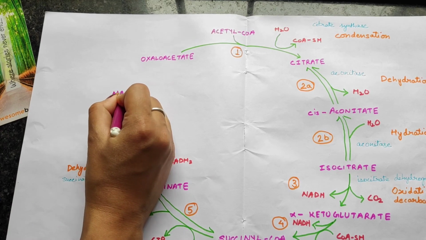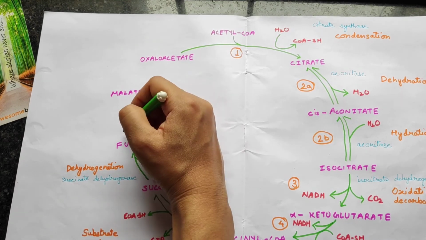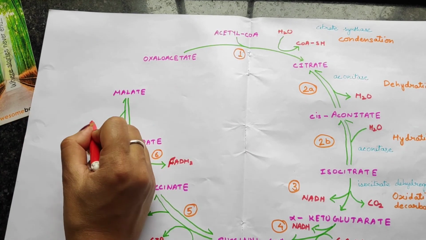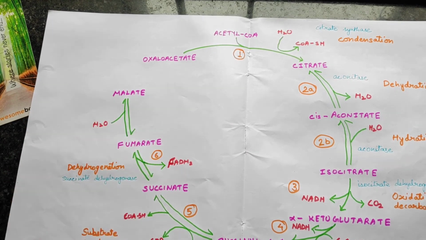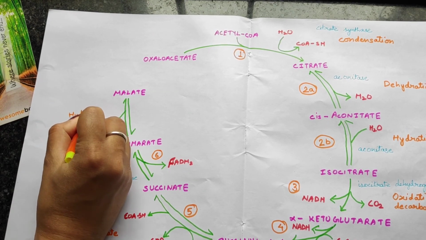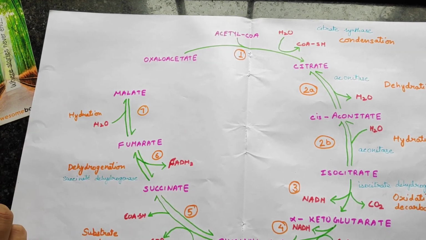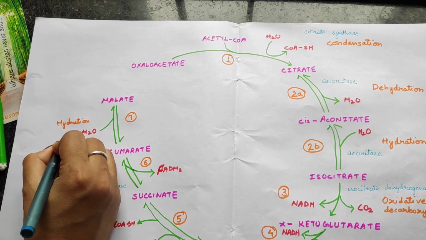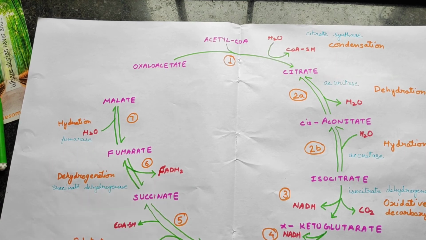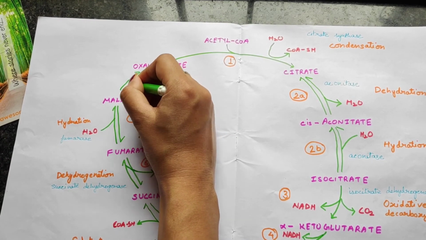Next is the 7th step. Malate will be formed from fumarate. This reaction is also reversible, and it will take up one molecule of water. Hence it is hydration. The enzyme that catalyzes this particular reaction is called fumarase. Next is the last step, the 8th step, in which oxaloacetate will be formed from malate.